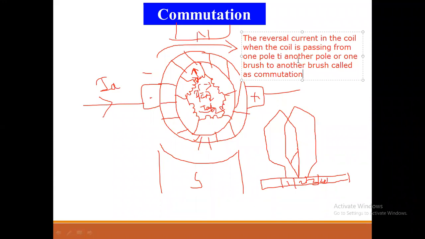The reversal of current in the coil when the coil passes from one pole to another pole, or from one brush to another brush, then the reversal of current happens in that coil. So this reversal of current in the coil when the coil passes from one pole to another pole, or one brush to another brush, this process is called commutation.